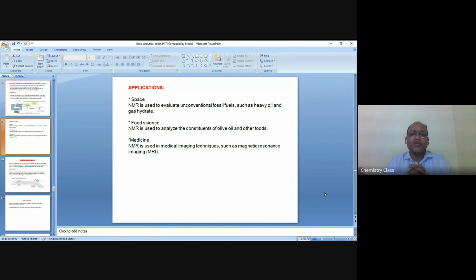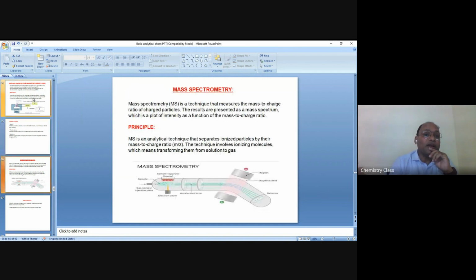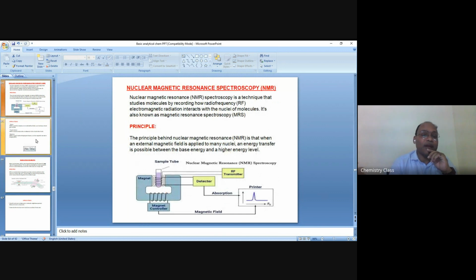In medicine, NMR is used in medical imaging techniques, such as magnetic resonance imaging, MRI. You all know the MRI machine; when an MRI is done, nuclear magnetic resonance is used.